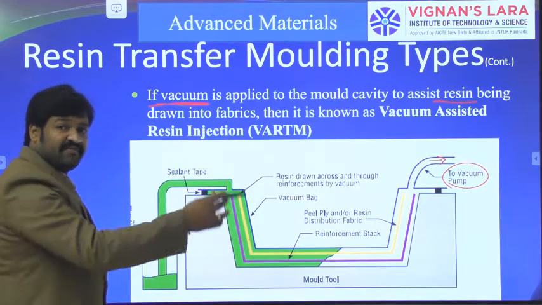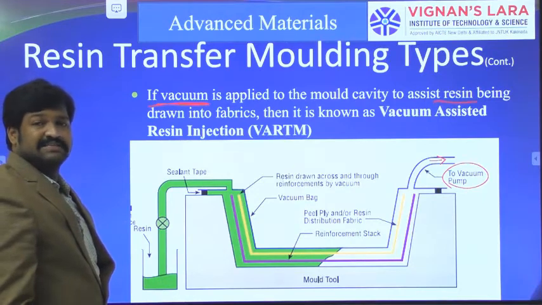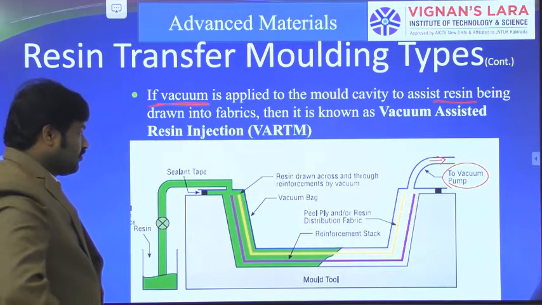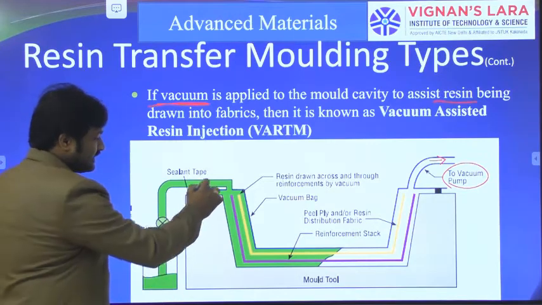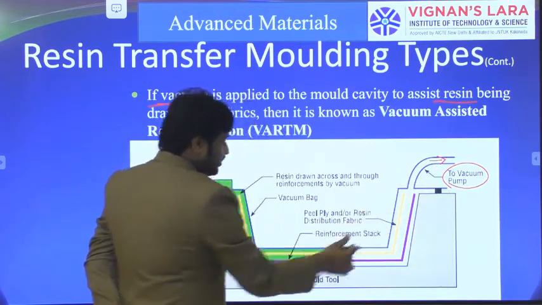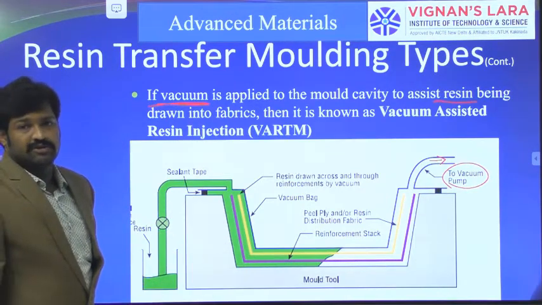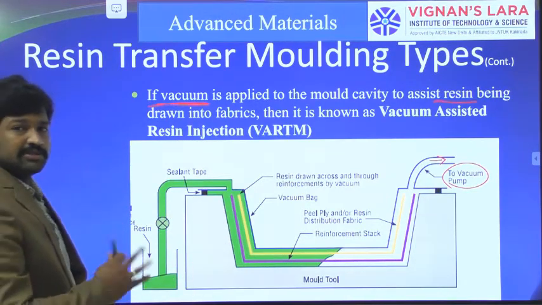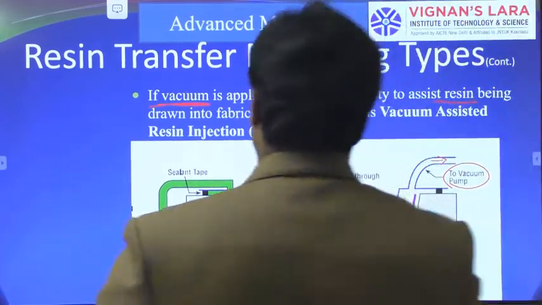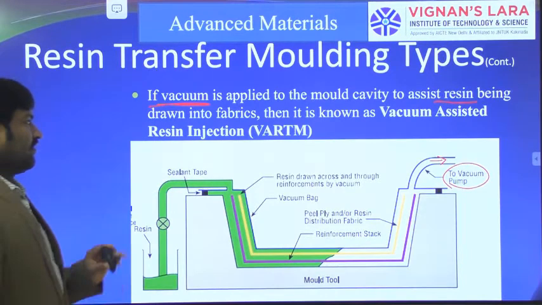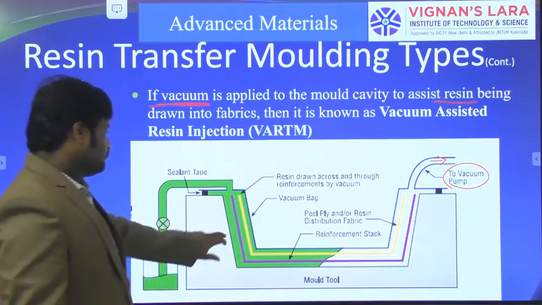So by means of vacuum we are passing the resin material. By means of the vacuum pump we are sucking, so the air is moving towards the vacuum pump and the air is pulling the resin material. So we are using vacuum in this process, and that is called vacuum assisted resin injection molding. Let's watch a video.